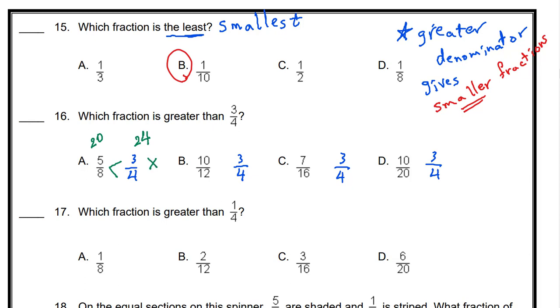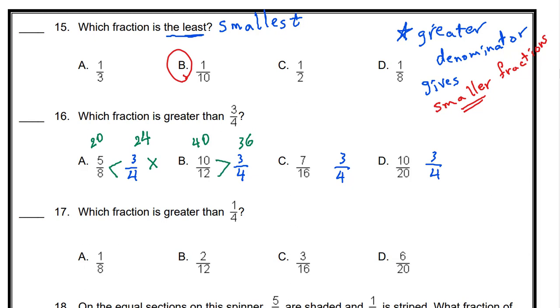Let's check the next one. 4 times 10 equals 40. 12 times 3 equals 36. 40 is greater than 36.